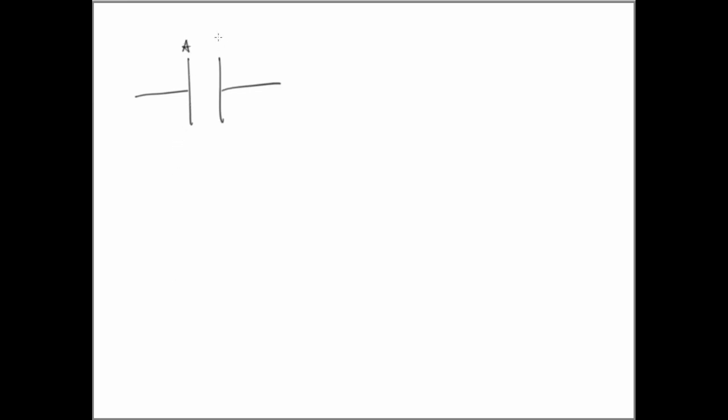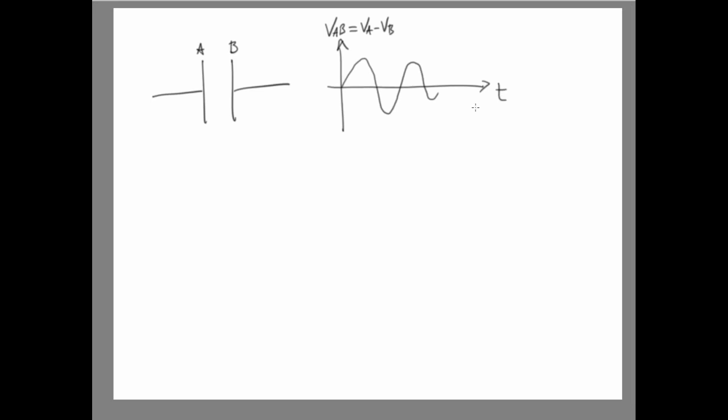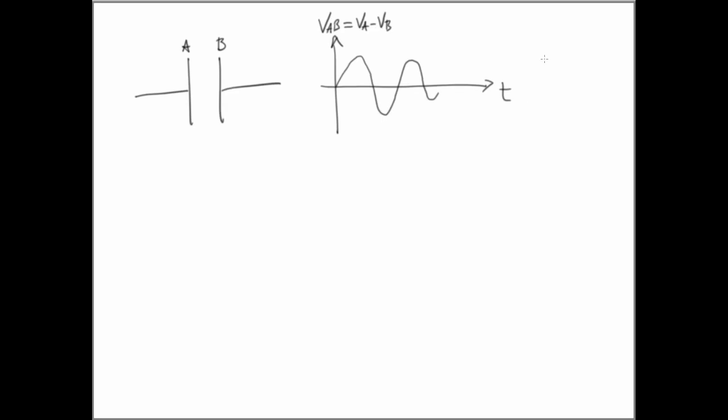Let's call this point A and point B. Imagine that our electric field is generated, as usual, by a voltage applied across our device. So let us plot here the voltage across the device, which we define as VA minus VB. And let us imagine that this is a sinusoidal form, and this is time.